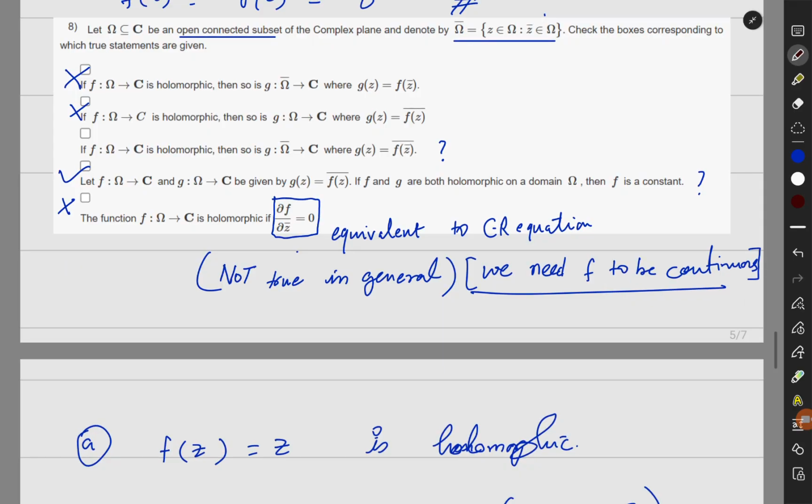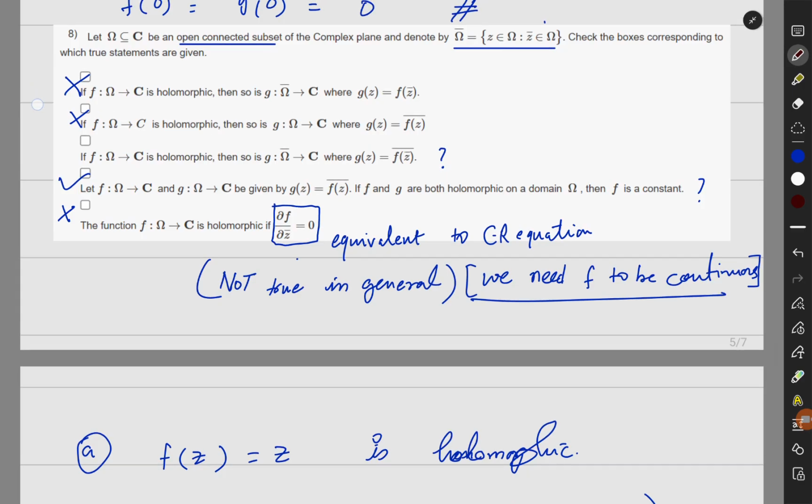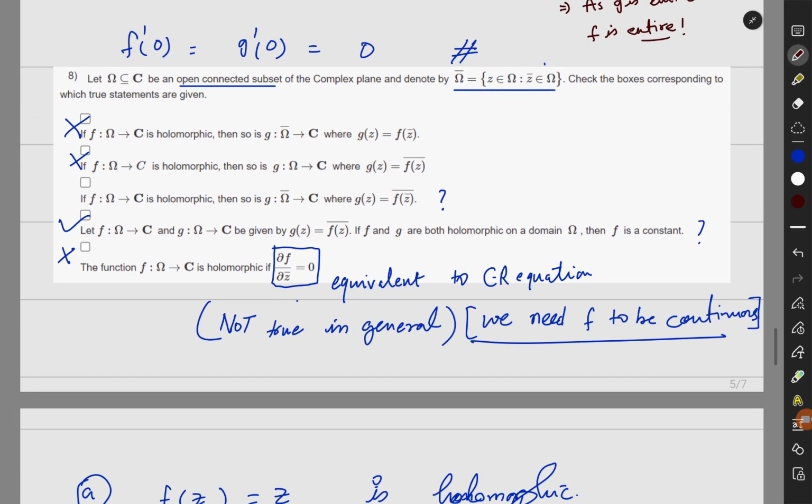Now coming to the last question. Omega is an open connected subset of the complex plane, and omega bar is defined to be those complex numbers inside omega such that their conjugate values also belong to omega.